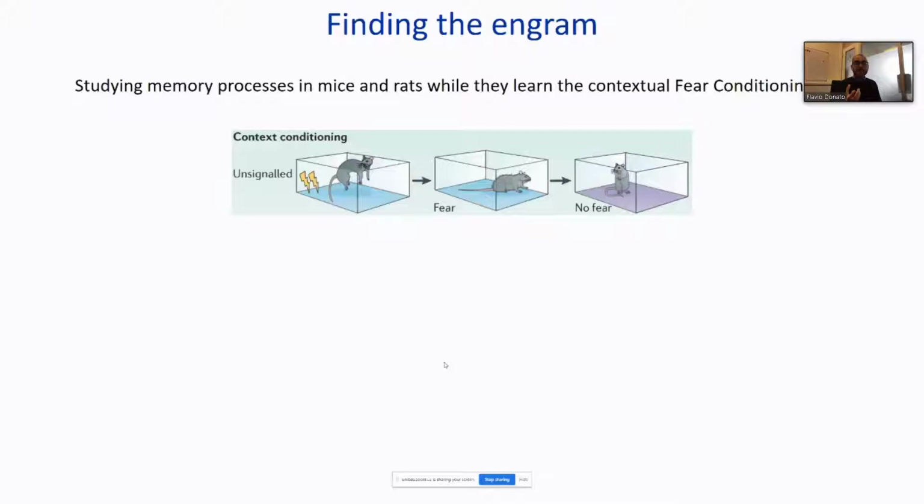You have a stimulus that is able to elicit a response. You have a stimulus that is not able to elicit a response per se. You pair the two together and are able to transfer and teach the animal that the stimulus, that usually would be neutral, can predict something that is able to elicit a response, and test the formation of this memory by testing if the animal is able to express the response itself.